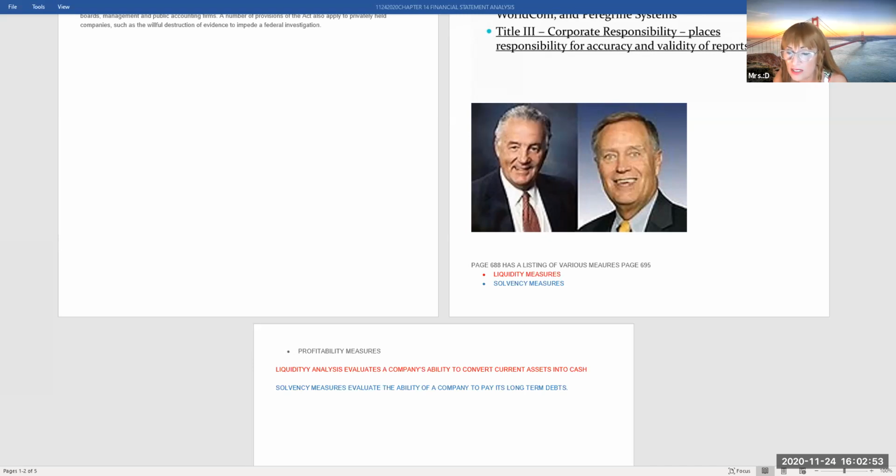So on page 688, we have various measures in this chapter, a lot of them. And on page 695, there's a nice listing of all these equations and analyses, but they boil down to three different types of measures.